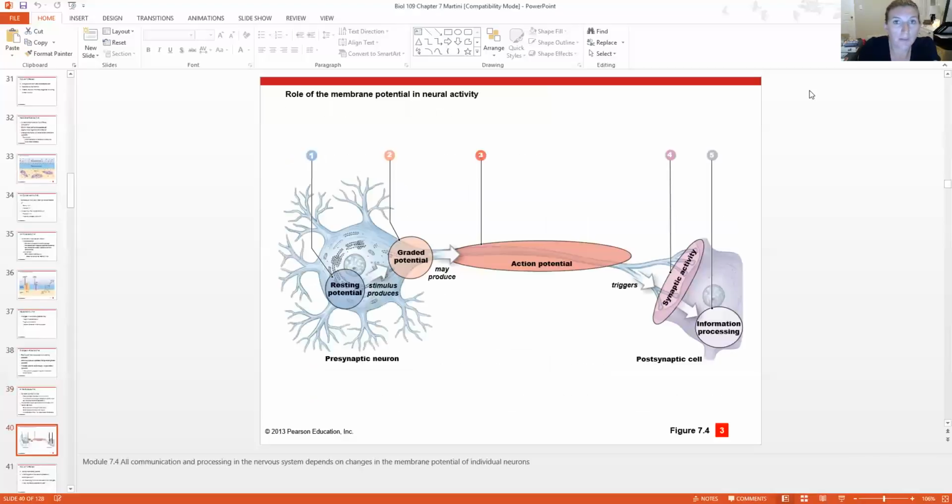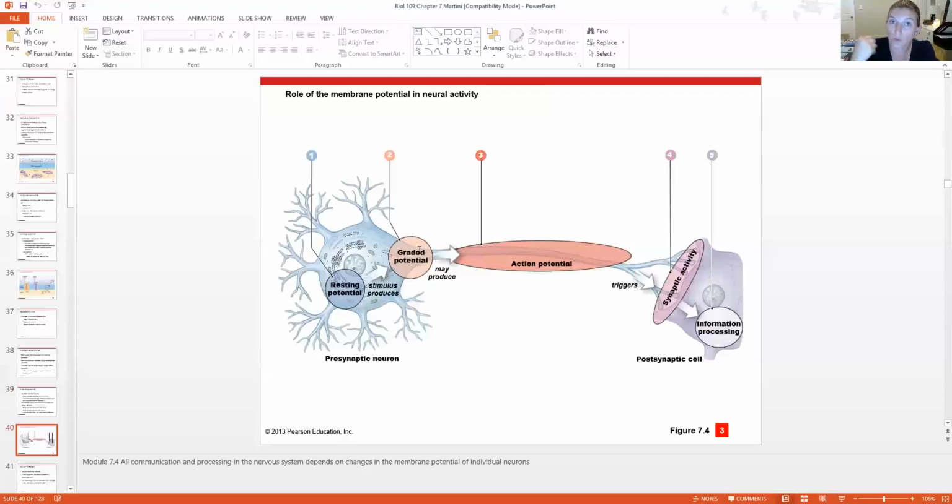So here's where all the magic happens. You have this multipolar neuron receiving information. It's at rest, and then all of a sudden something comes in, a stimulus. It can produce a graded potential. The graded potential could be small. The cell could say, not enough. That stimulus wasn't strong enough. I don't really need to let the other cells know about this.